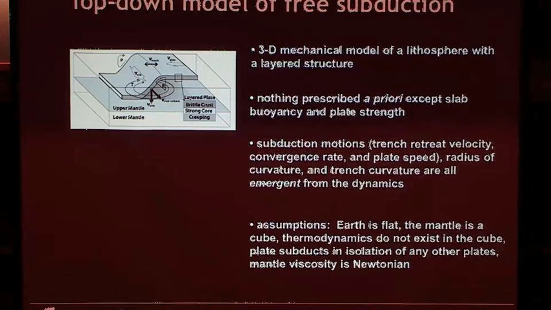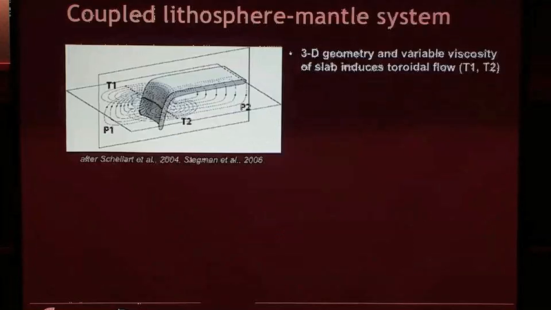So the best way to think about this is we've got a weak oceanic overriding plate with a back arc basin, a back arc spreading center, which provides very little resistance to the system. That's the closest thing on Earth that would be analogous to this. And then there's that important toroidal flow that comes around that edge, and this is observed in all the laboratory models and numerical models on both sides.